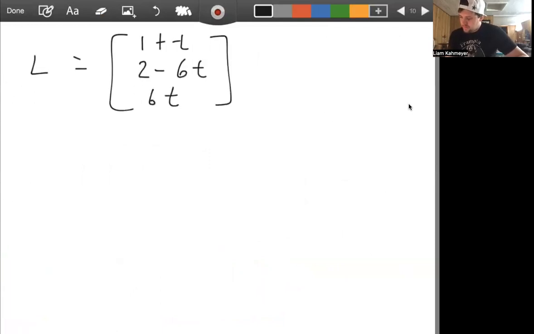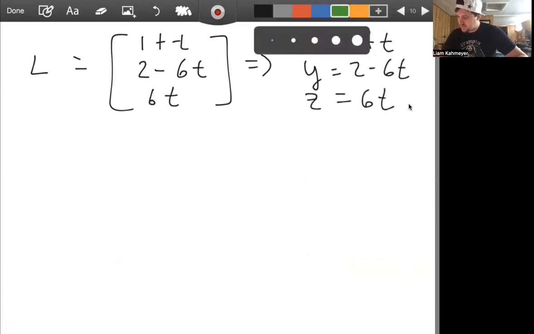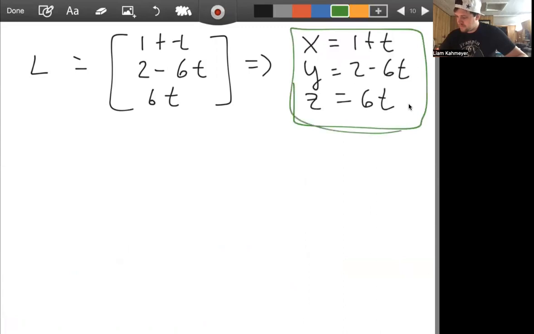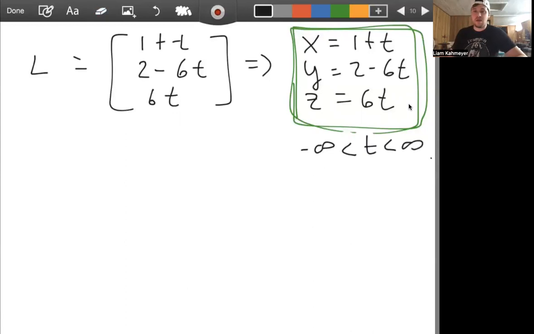So component form would be x equals 1 plus t, y equals 2 minus 6t, and z equals 6t. And so this would be your answer. And again, to be very thorough, this is t between negative infinity and infinity.